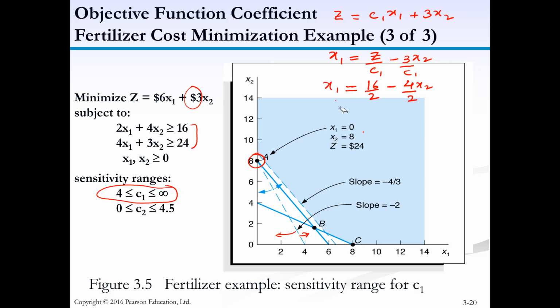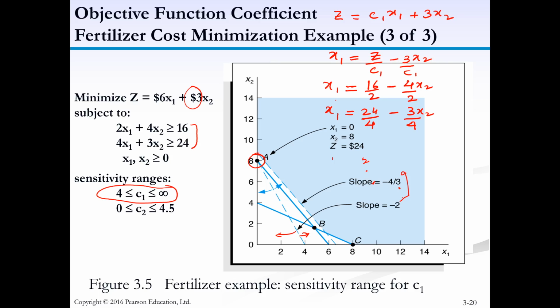And we can do the same for the second constraint: x1 = 24/4 − 3x2/4. Now we just equate as we did in the maximization problem.